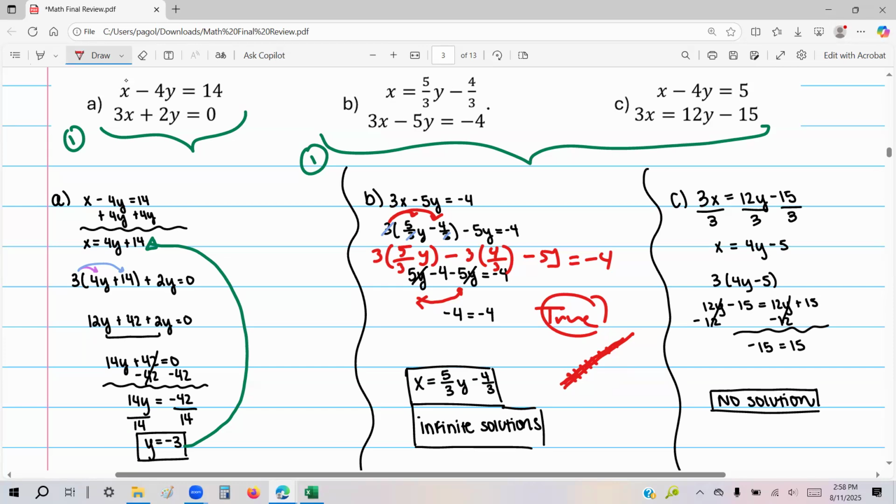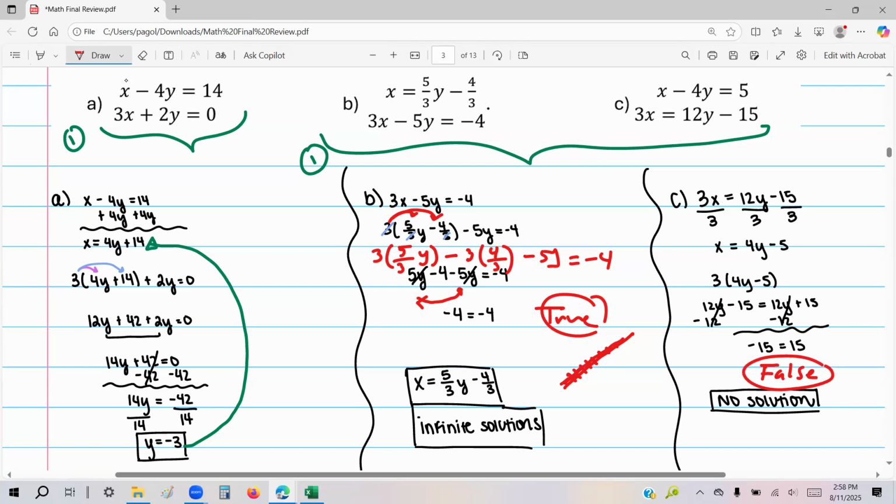On the other hand, the next one, when you try to solve, you use substitution again. So when you solve, you get -15 on one side and +15 on the other side. 15 and -15, they are not the same.